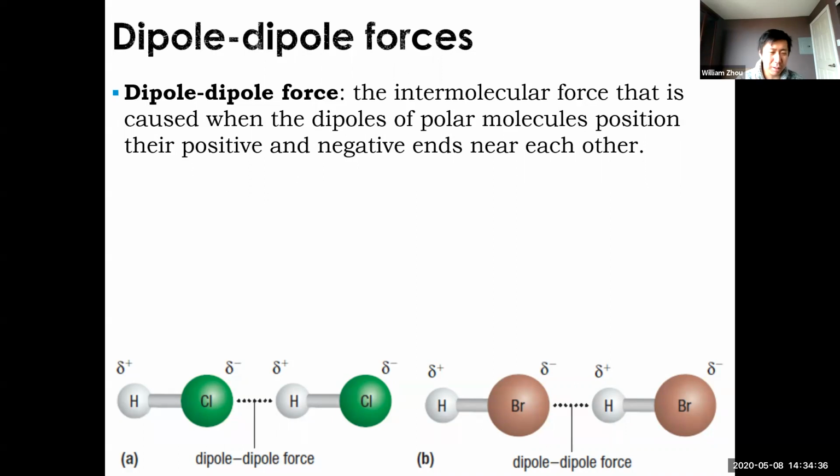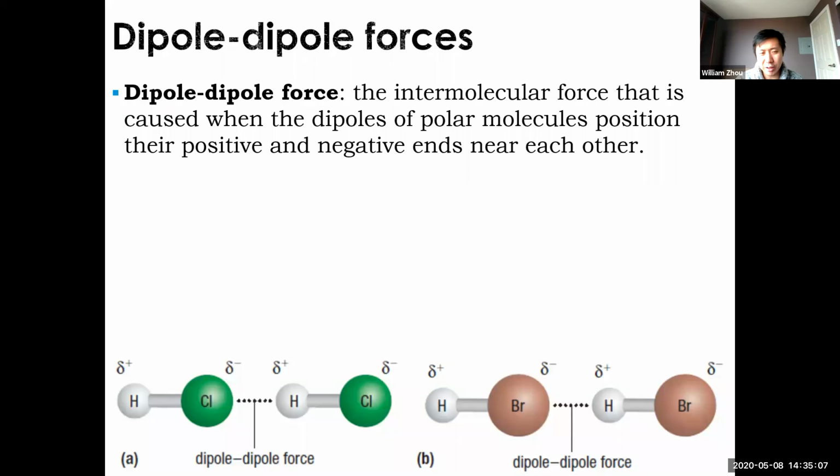But if you're polar, for example, in the pictures below, HCl and HBr, both of these are polar molecules. So the chlorine is a little bit more negative than the hydrogen. So delta negative on the chlorine and delta positive on the hydrogen. And that is a force of attraction. Positive and negatives attract. So as a result, HCl molecules are attracted to each other. So that is the dipole-dipole force.